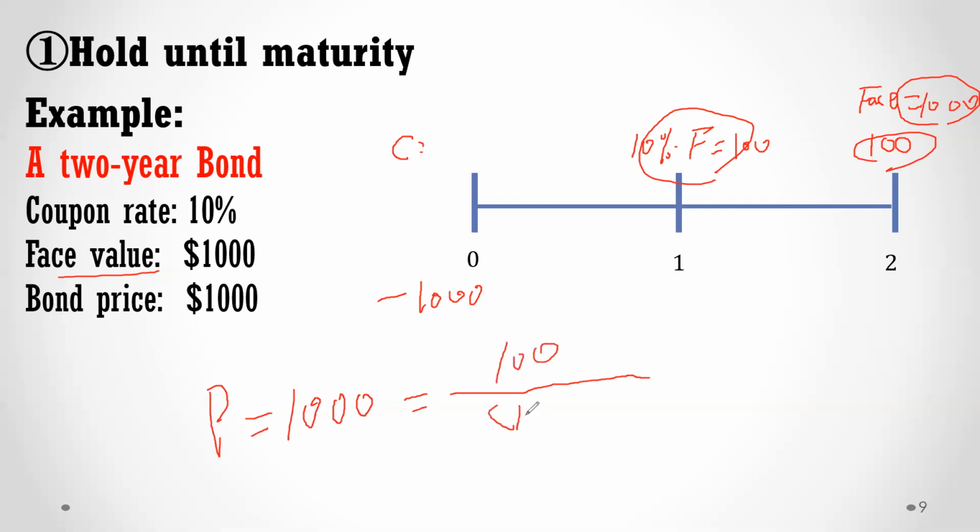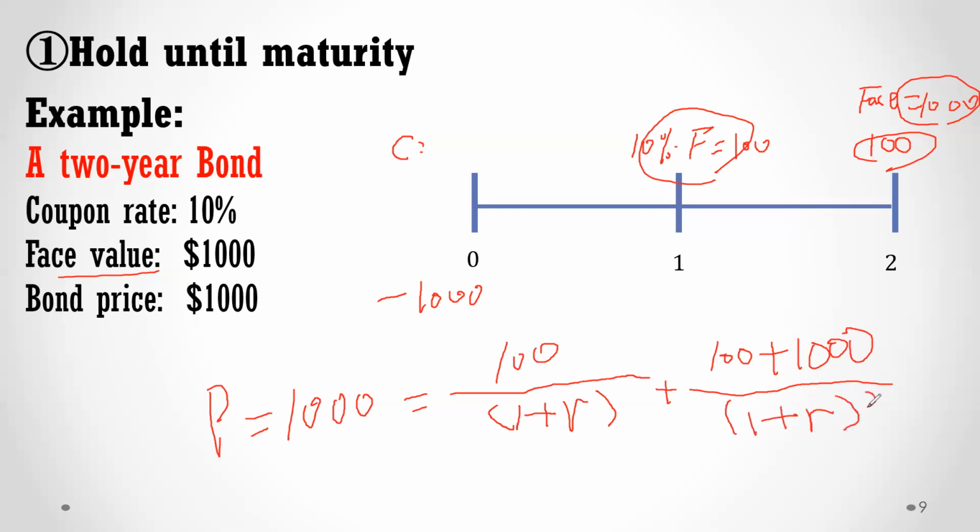I don't know the interest rate, the bond yield, so I say 1 plus R. At the end of year two, we have coupon 100 plus face value, divided by 1 plus R squared. So if we solve this equation, we know that the realized return is 10%.